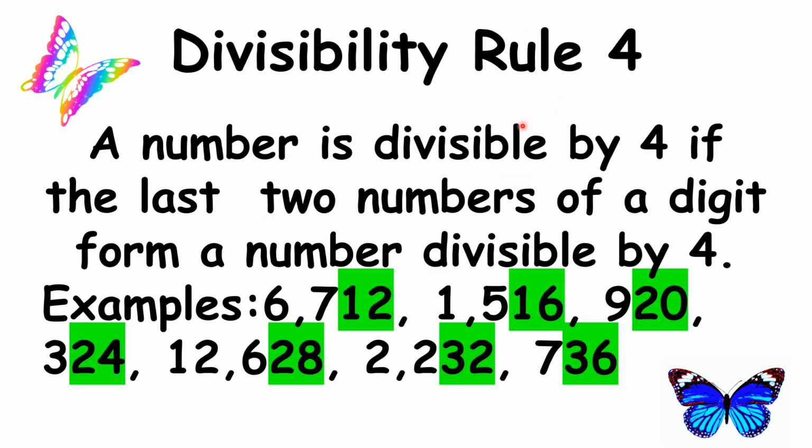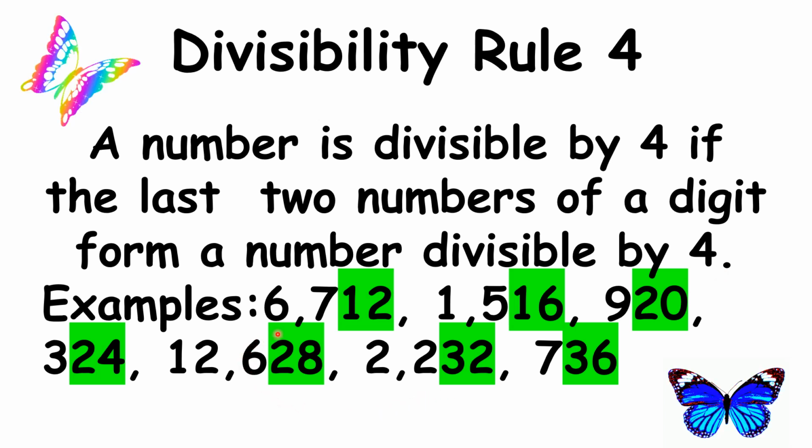When is a number divisible by 4? A number is divisible by 4 if the last two numbers of a digit form a number divisible by 4. In this rule, it is easier if you memorize the two-digit multiples of 4 from 12 to 96, since according to the rule, you need to study the last two digits of a number whether it is divisible by 4.